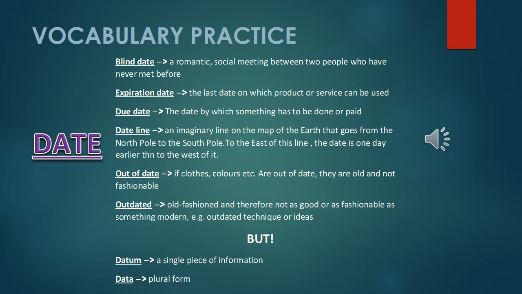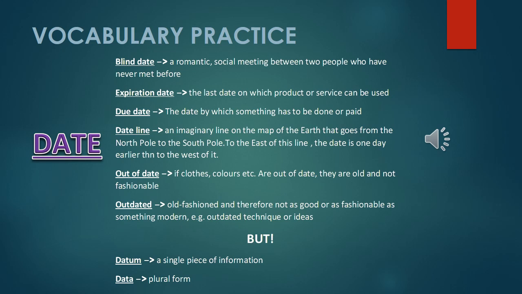Now, date line: an imaginary line on the map of the Earth that goes from the North Pole to the South Pole. To the east of this line, the date is 1 day earlier than to the west of it. That's why we all have to be careful when texting our friends from different time zones.